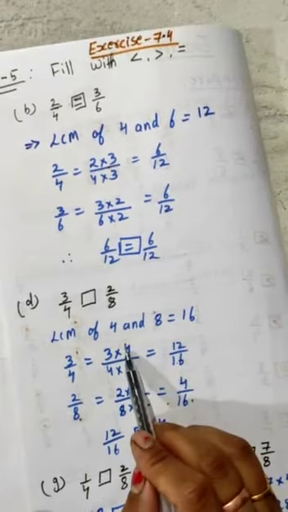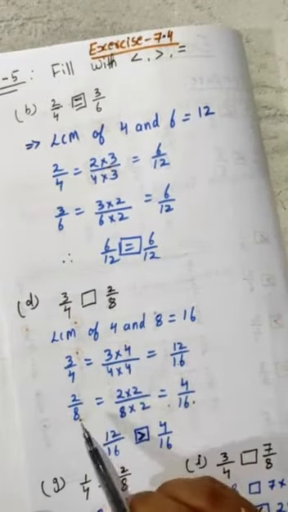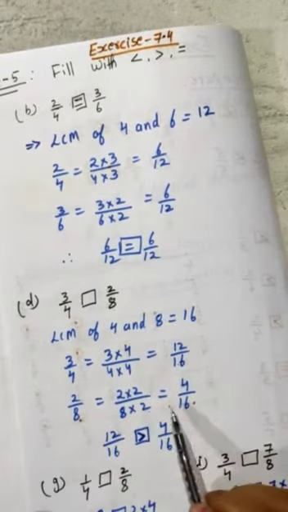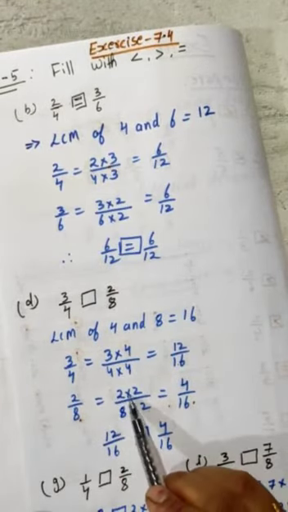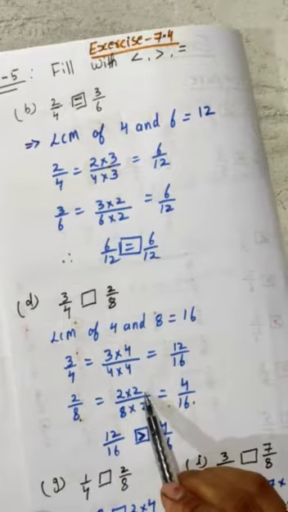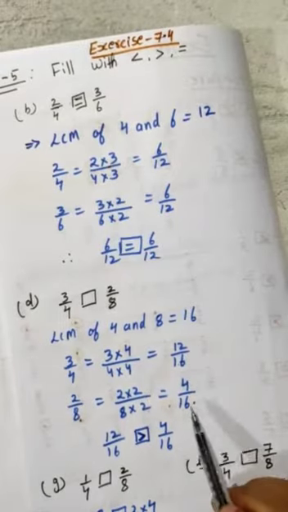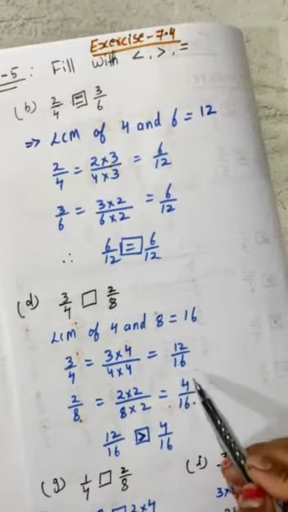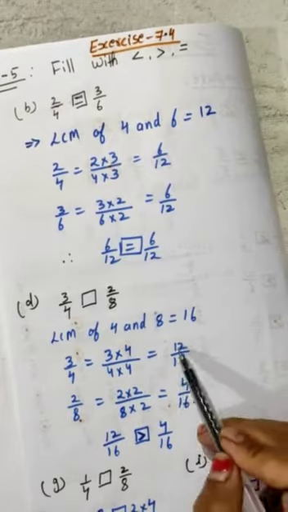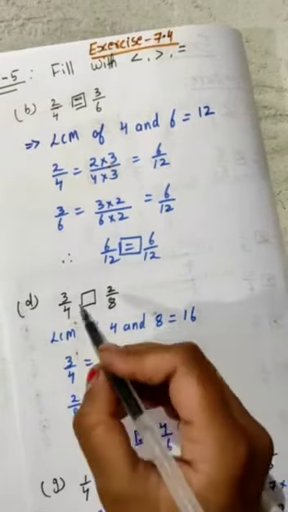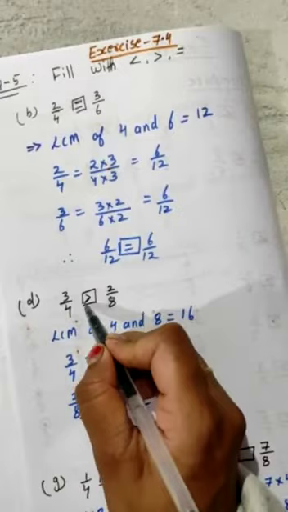So in the numerator also you have to multiply by 4. Similarly 8 into 2 will give you 16. So in numerator also you have to multiply it by 2. So you will get 4 upon 16. Now clearly you can see these two are like fractions now. 12 is greater than 4. So obviously the greater than sign will come.